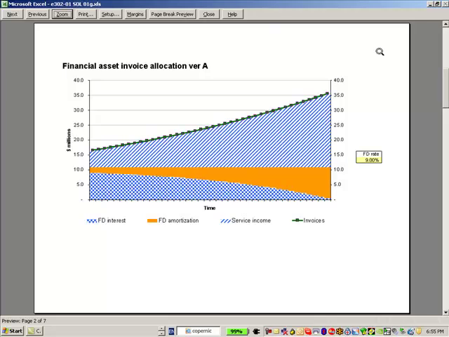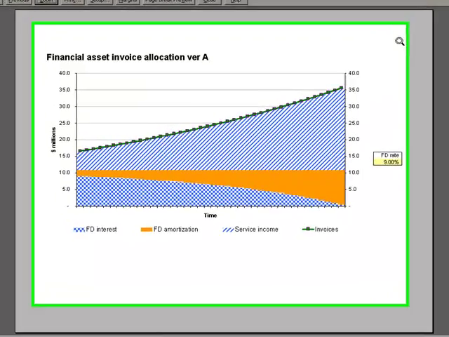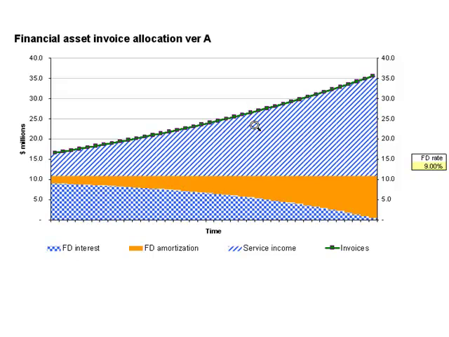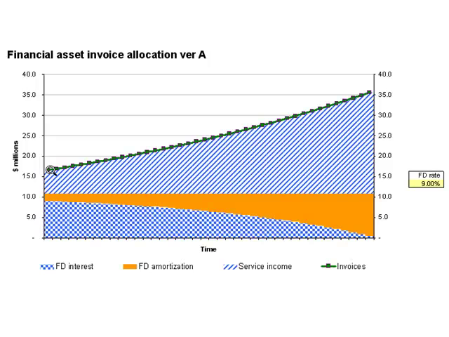One way we can look at it is to take a look again, still at that green invoice line, and remind ourselves that those invoices were basically cut into 3 parts. We have interest and amortization on the financial asset. You see how I've stacked those two together, and here you've got that flat level mortgage style, FRS 5 type of treatment. And anything that's left in this blue hatched area is that residual service income.